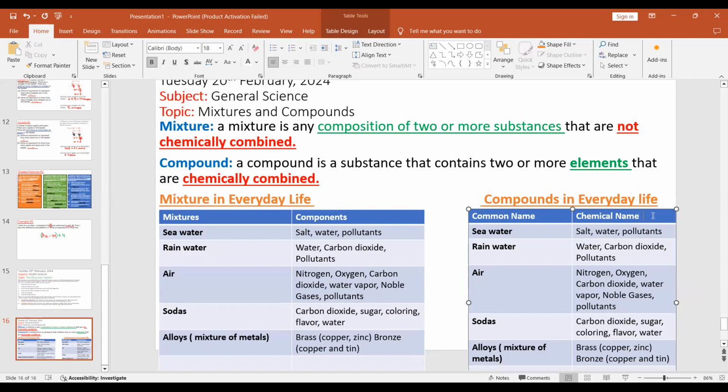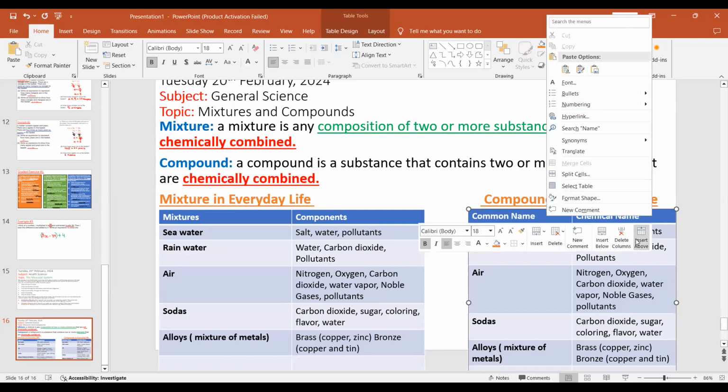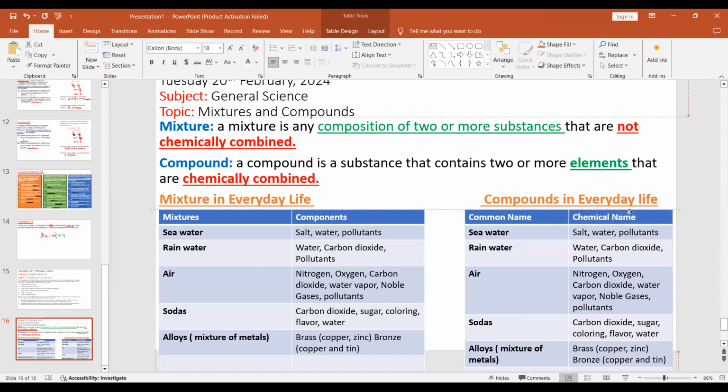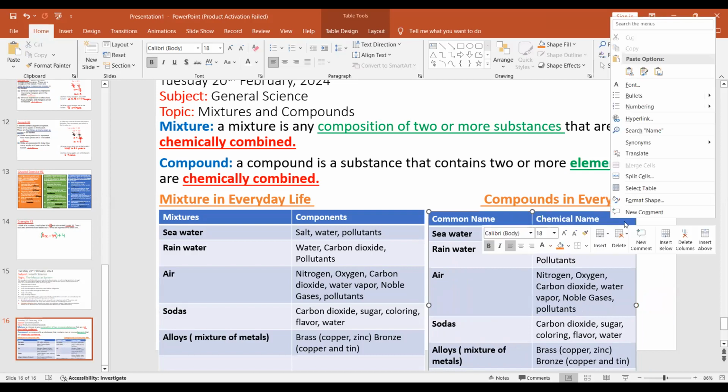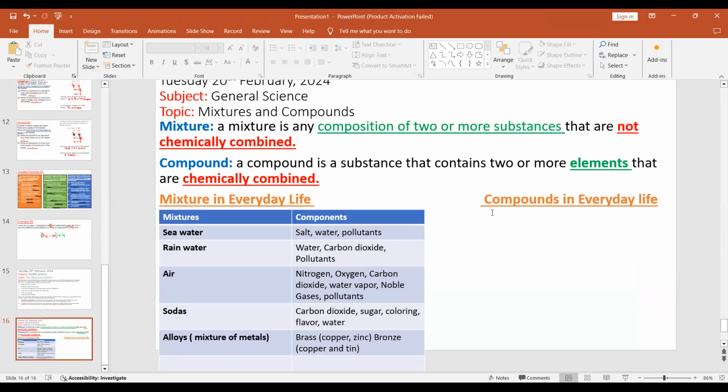And then we're going to add another column. Y'all gotta help me out here. No, I want a new column.